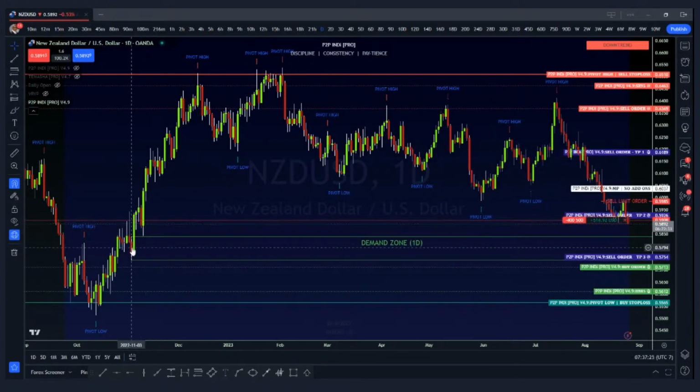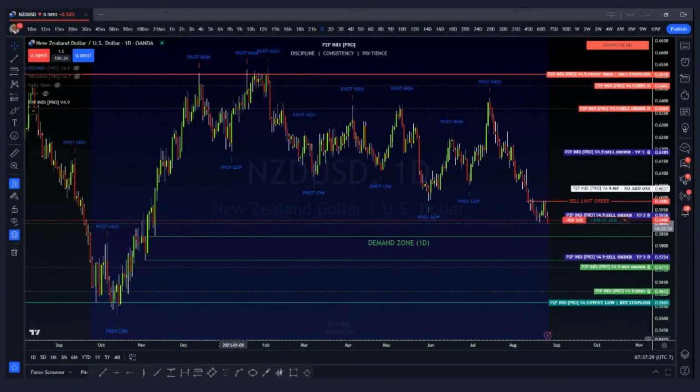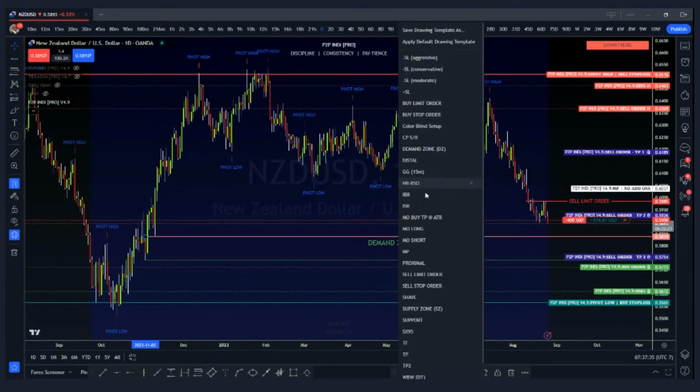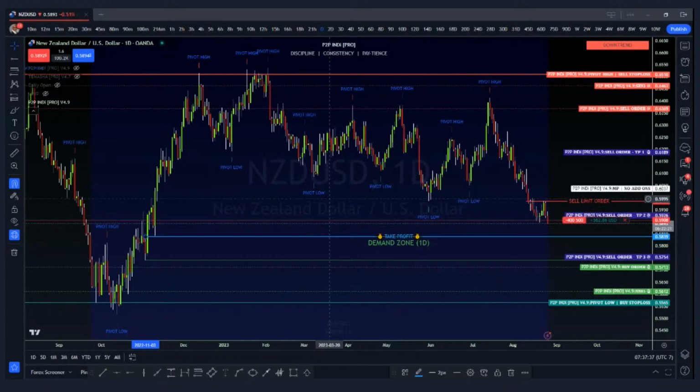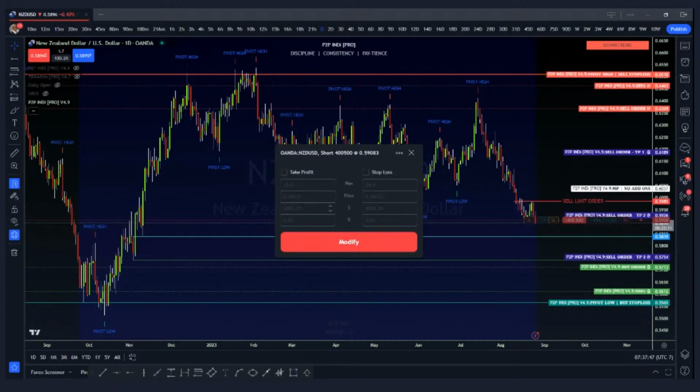On the 1-day, another demand zone gets highlighted. So we may want to consider a TP at the beginning of that demand zone. Right there, 58.39. 58.39 on Kiwi dollar.